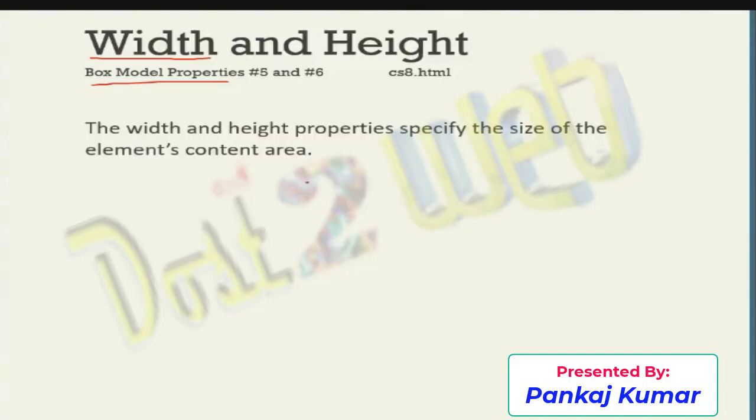The height and width properties you specify only when you have a certain size to define for your content area. Whatever element you define, either an image, a division or a paragraph, if you want to define something with a height and width, then you implement the height and width.